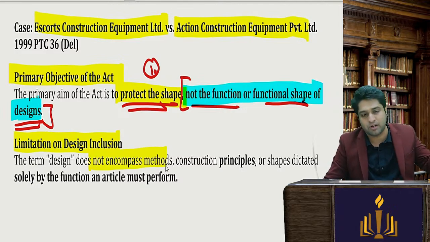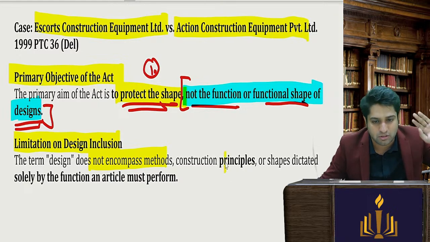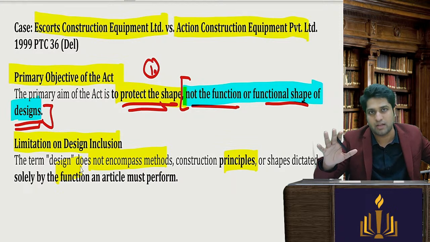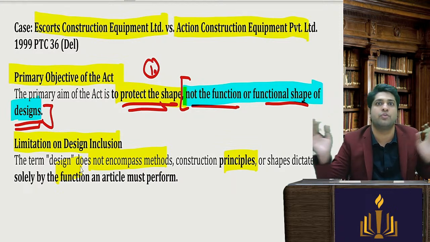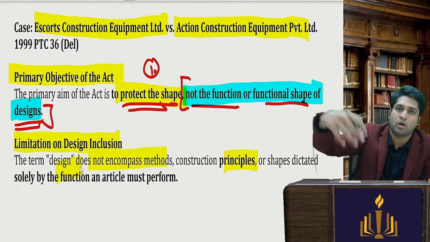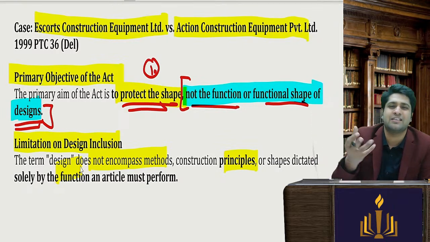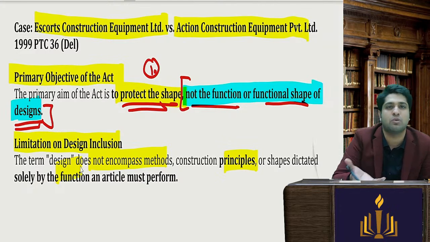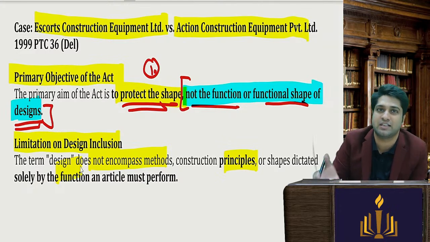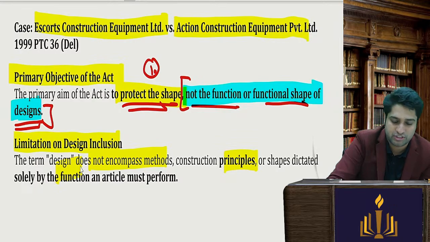It is only the shape, not the method, not the principles, not the function. That we don't care. If I say this is a very beautiful dress, it can be in water also, it can go in extreme heat also, it can work, that's the functional part. That is not what we are registering. We are registering the shape, the visual shape of the product.